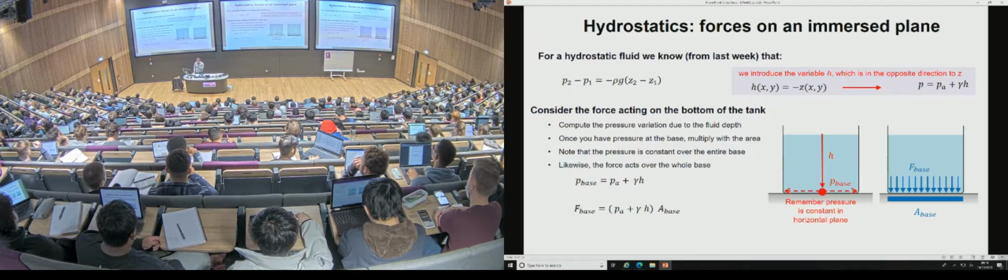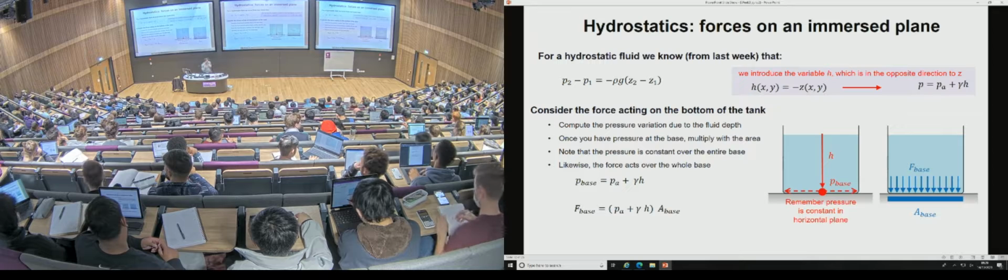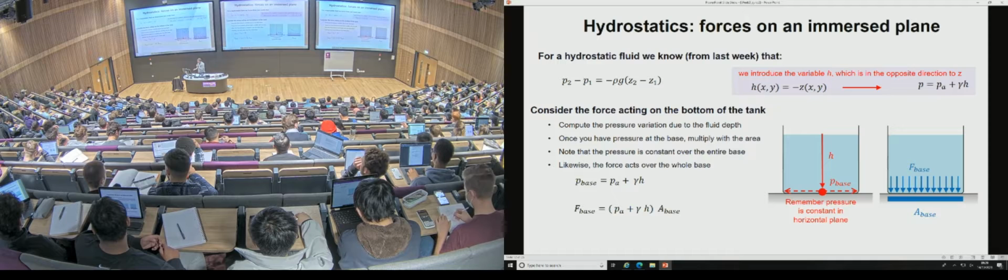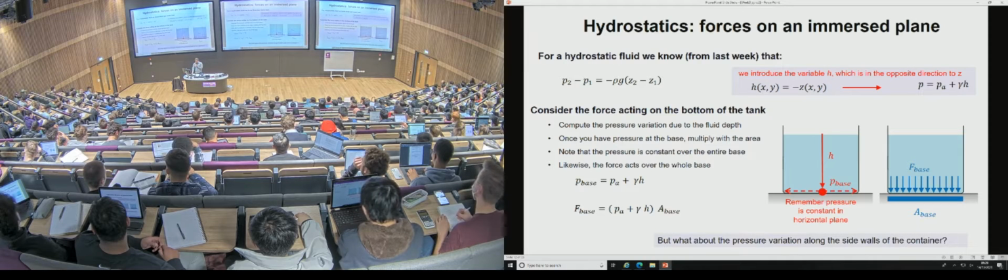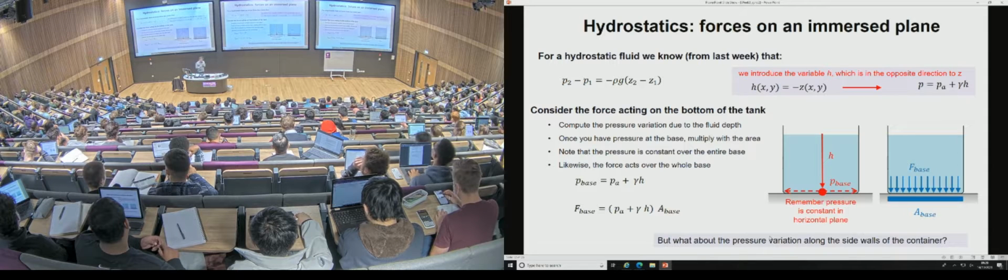And so the force that is felt is going to be obtained by using the area of that base. Pressure is the force divided by an area. So if we want the force, we have to multiply the area by the pressure, which is constant across the base. Okay, so any questions about that?